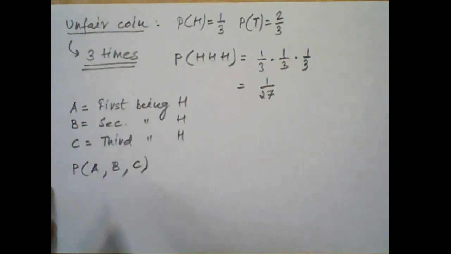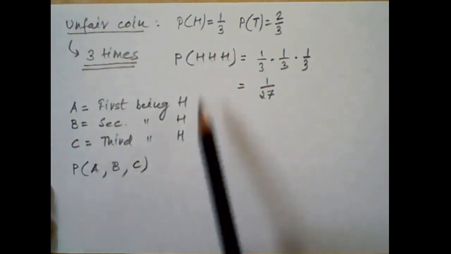We are asking what will be the probability that all of the 3 events A, B, and C will happen together. You could also write it as probability of A and B and C, but it can be simply written as A, comma B, comma C inside the parenthesis. This is the general idea of joint probability.